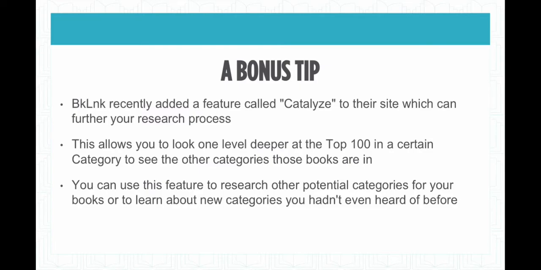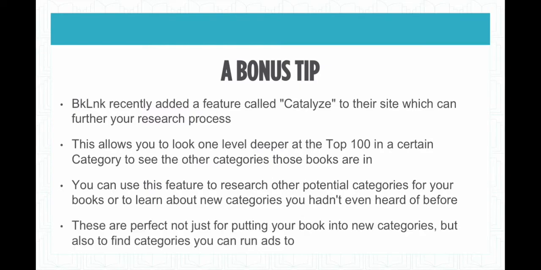So those books are in a variety of categories, and you'll be able to find some options for running ads to or for putting your book into. This is really perfect for figuring out new categories that you have just never even thought of before to start running new sponsored product category ads to.